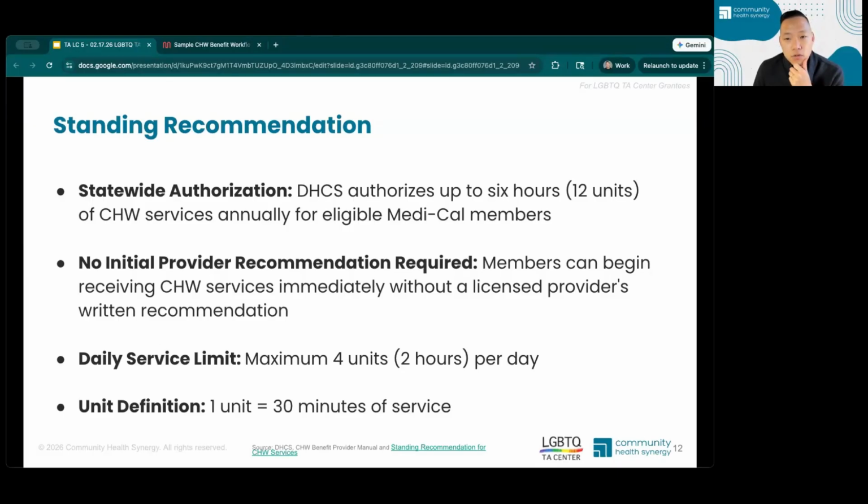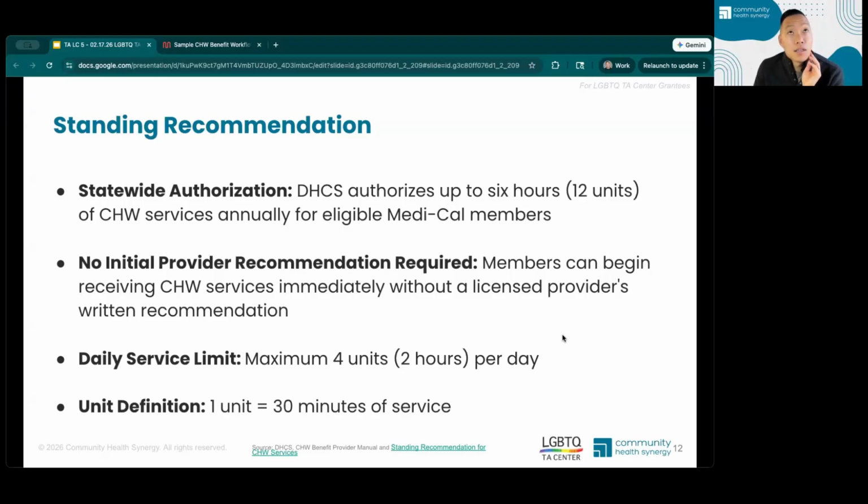Say John is a CHW and I'm a client. John's able to deliver CHW services and provide navigation support, health education, and screening services for me as a client for up to 6 hours every year. And no initial provider recommendation is required, so I can receive these services.